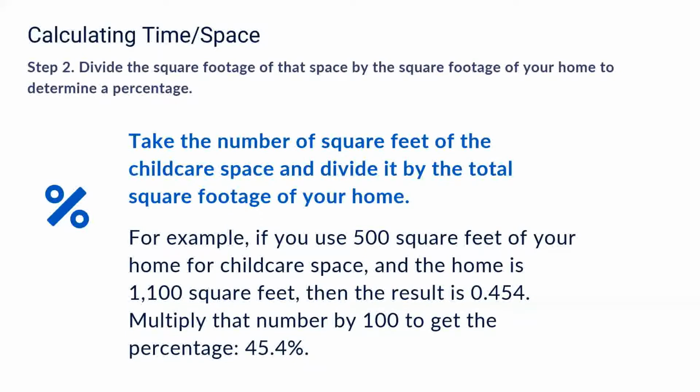For example, if you use 500 square feet of your home for childcare space and the home is 1,100 square feet, then the result is 0.454. You'll multiply that decimal number by 100 to get the percentage of 45.4%. So that means you are using 45.4% of your home for business use.